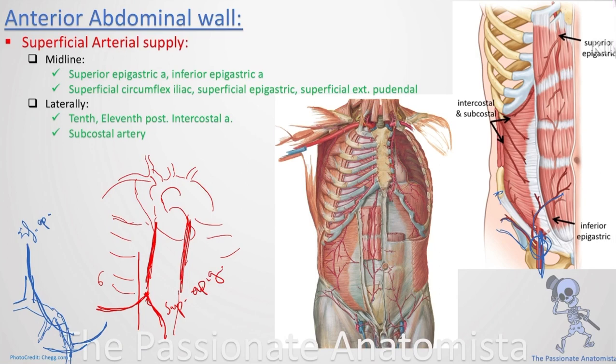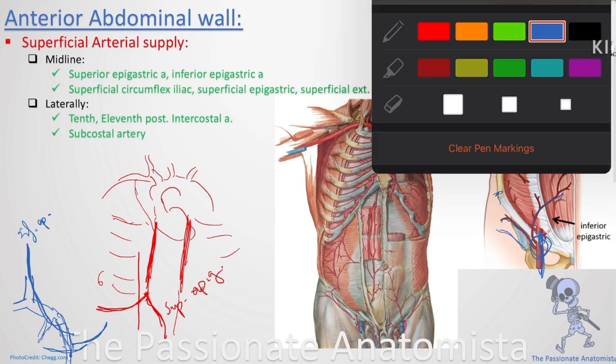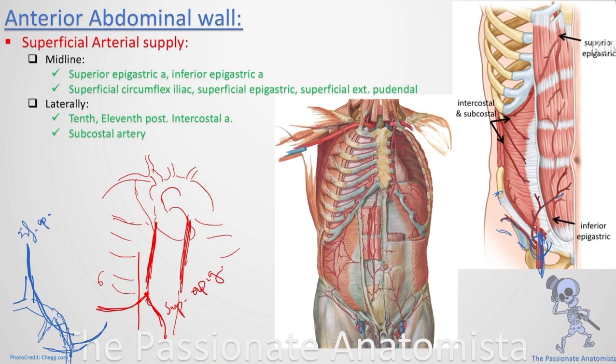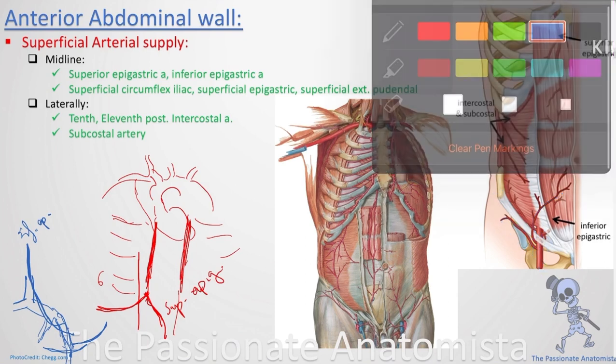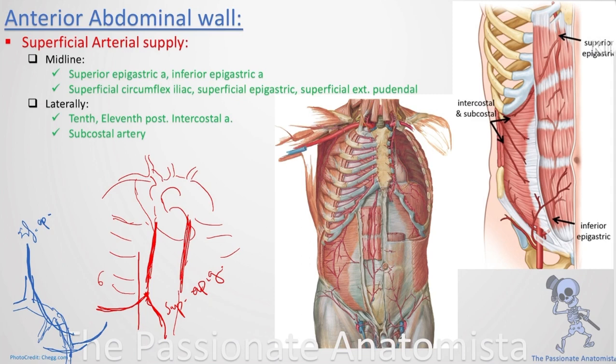All right, if you look at this very nice diagram, it shows you that at rib 6 you will have the musculophrenic, and then the superior epigastric. It gives you arterial supply up there. Then the inferior epigastric, we talked about it, comes out at the level of the arcuate line to give you deep arteries, and it also gives superficial arteries.